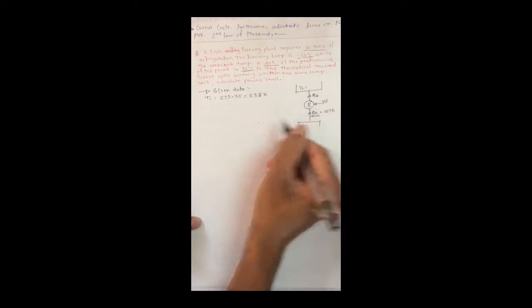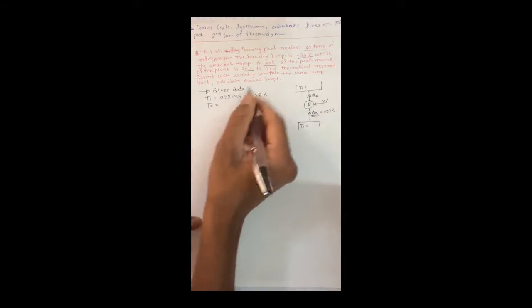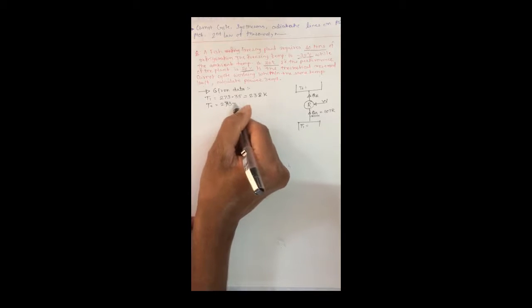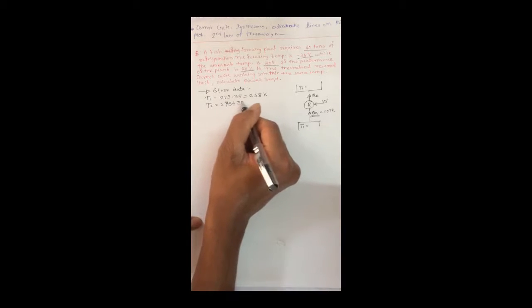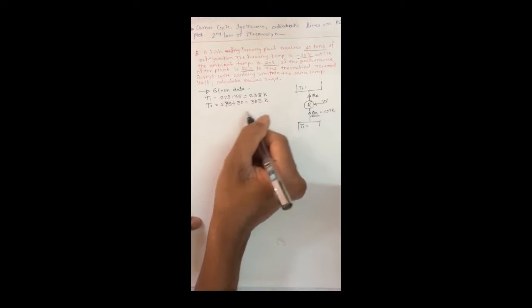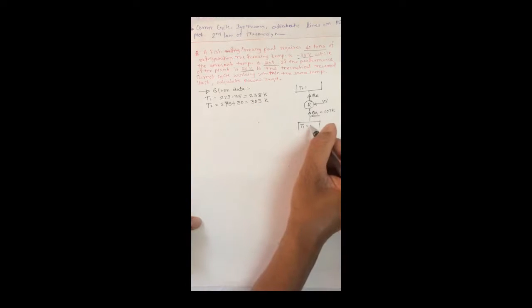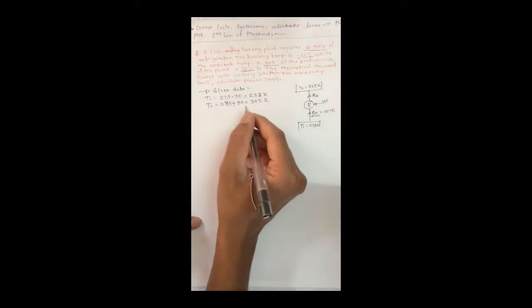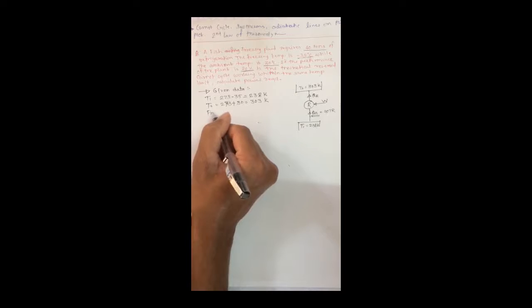And again we convert T2, which is 30 degrees: 273 plus 30, which is 303 Kelvin. Okay, so we write it down here in Kelvin.